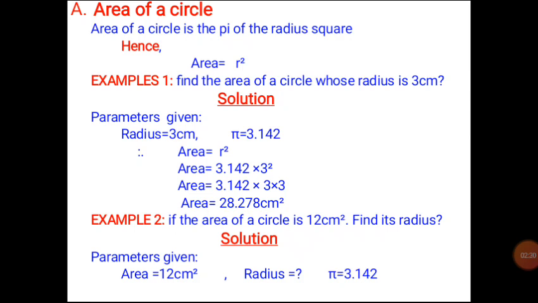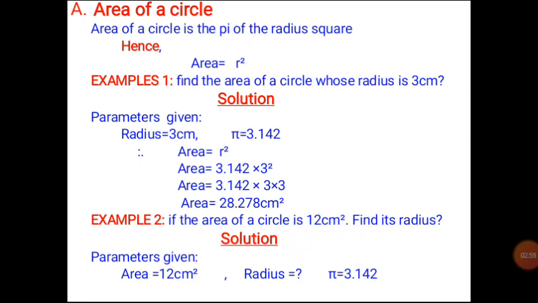And 3 squared is 3 times 3, which is 9. If you press your calculator, you have the area of that circle to be equal to 28.278 centimeters squared. Study it very well, so you understand everything that has been said and written.